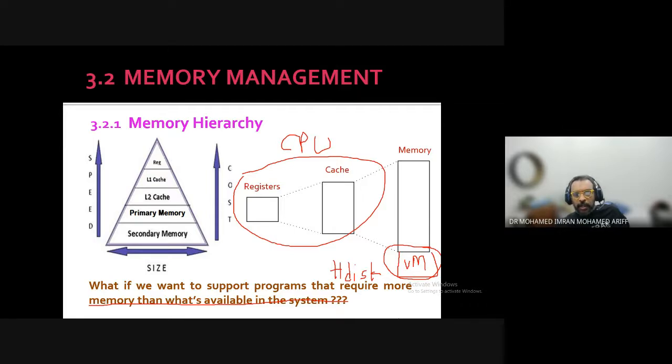That is why I drew here: ini memory, ni RAM awak, and there is an additional space kat sini, which is called virtual memory. And where is it? It's actually from your hard disk. So, you ambil sikit from your hard disk and make it as if it was a RAM.